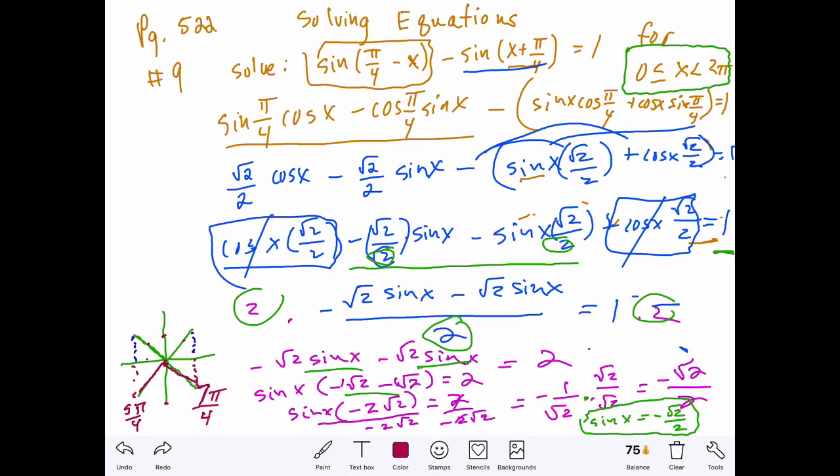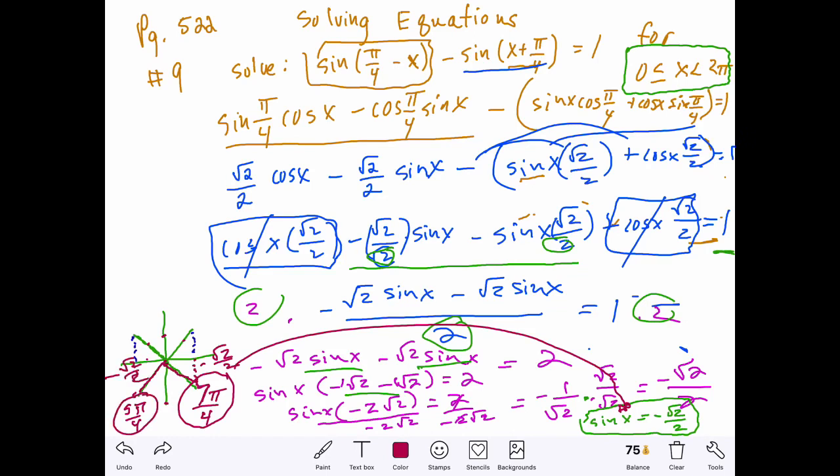So my two solutions where sine, if I plug in this for x, it makes this statement true here. The sine of 7 pi fourths is negative root 2 over 2. And the sine of 5 pi fourths is negative root 2 over 2.